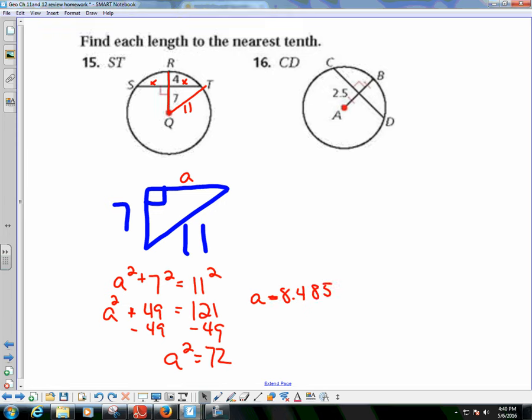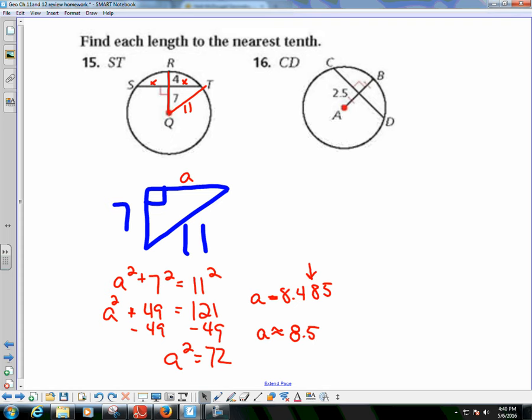It says to round that to the nearest tenth, so I look at the second digit in and decide what that does. So A is approximately 8.5, but I'm not looking for A, and I've got it marked as X up there.